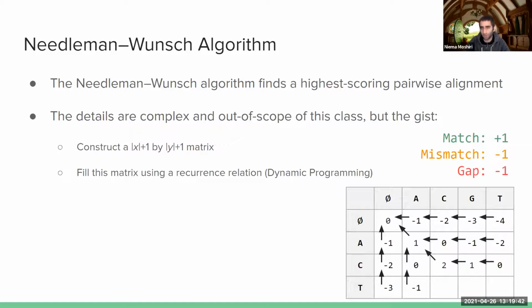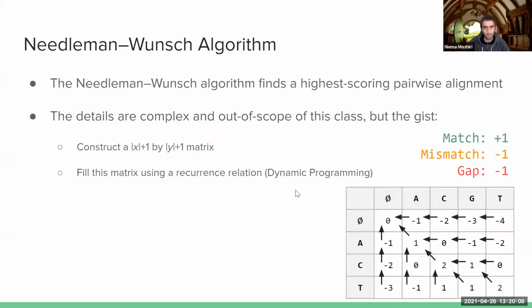And the details of how I'm coming up with these arrows and numbers, don't worry about it. I can send you some resources if you're curious about learning it. But somehow I have a relationship that lets me determine the value of each box based on the 3 boxes above, diagonal to the left, and to the left of it. Okay, so I fill out this box.